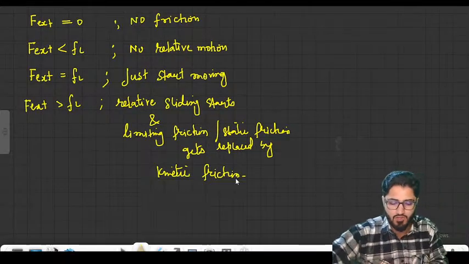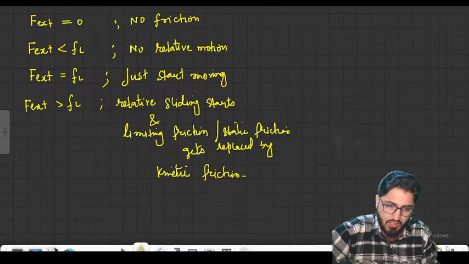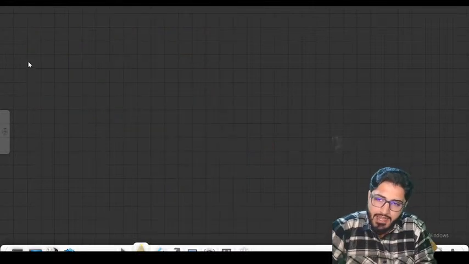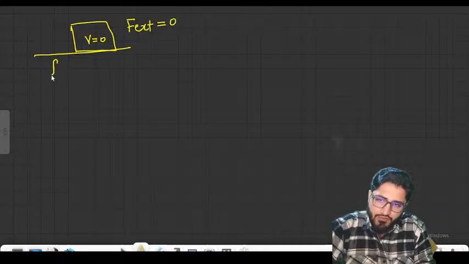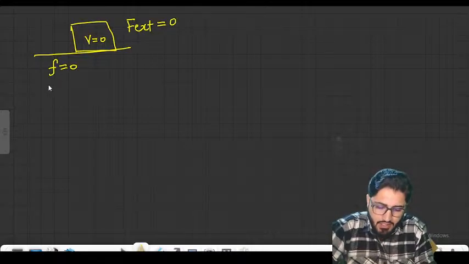Okay, so look now. I will be giving you a couple of examples. One body, if the speed is 0, that means my net external force is 0. If my force is 0, so friction is 0. Done?